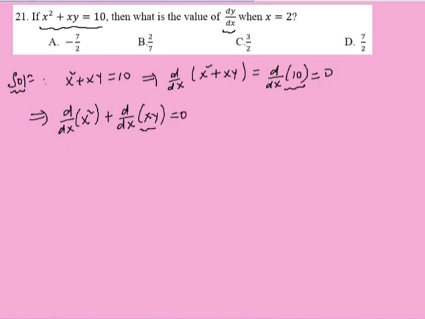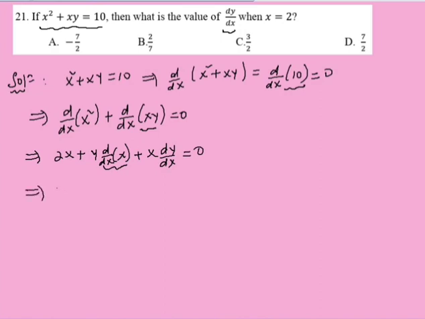Now here we apply the product rule. Therefore this becomes 2x plus y times d by dx of x plus x times dy by dx, which is equal to 0. Here d by dx of x is the derivative of x, which is 1.